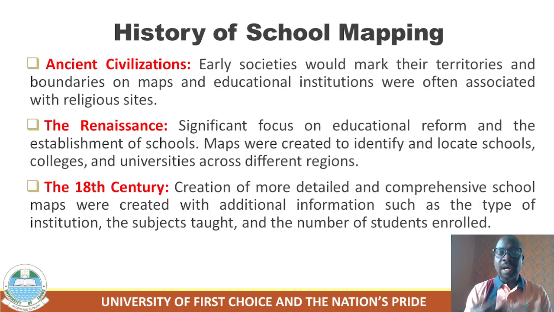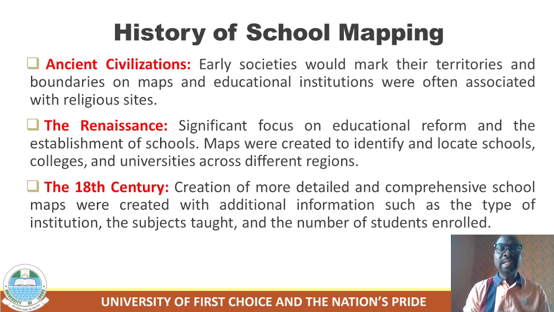The Renaissance era was followed by the 18th century. During the 18th century, there was a creation of more detailed and comprehensive school maps. When I said more detailed and comprehensive, it is because the created school maps now had additional information such as the type of the institution, the subject being taught, the number of students enrolled, the number of teachers in the school.